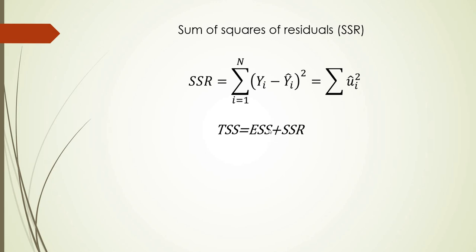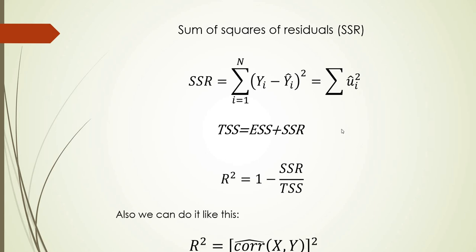If we divide the explained sum of squares by the total sum of squares, we get R squared. But we can also get it the other way, by saying 1 minus the sum of squares of residuals divided by the total sum of squares. Also, we can calculate the correlation between the dependent and independent variable and square it.